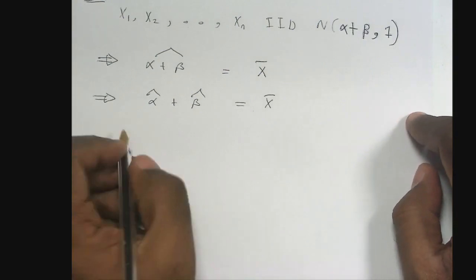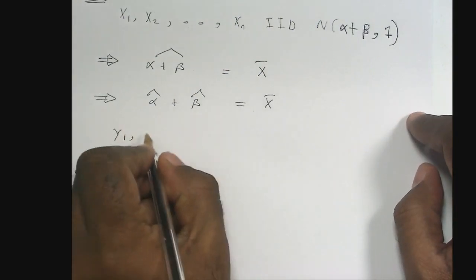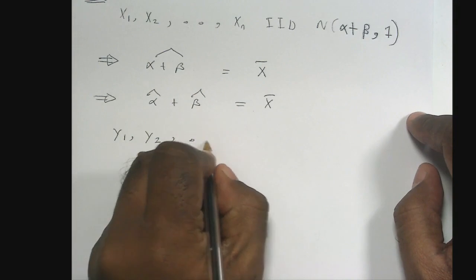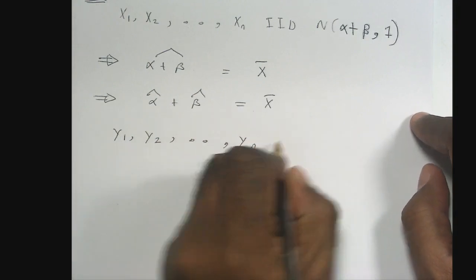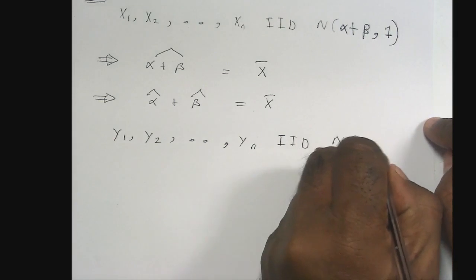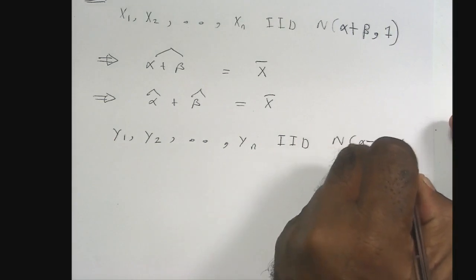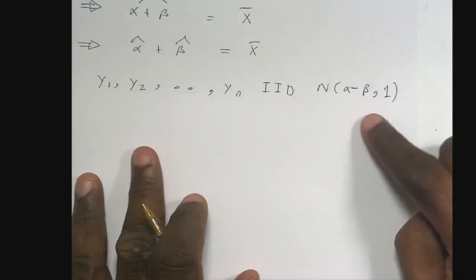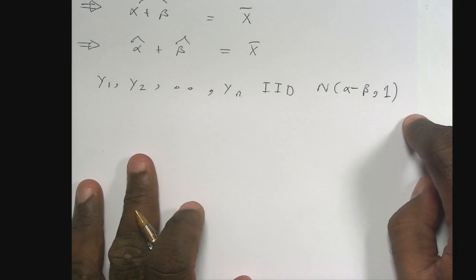Similarly, you have another sample y1, y2 to yn IID coming from a normal distribution with parameters alpha minus beta and 1.